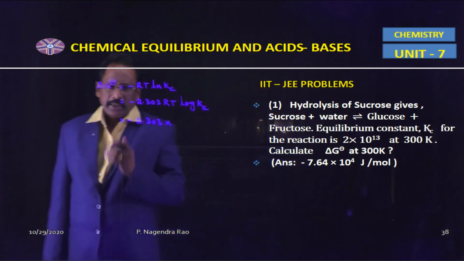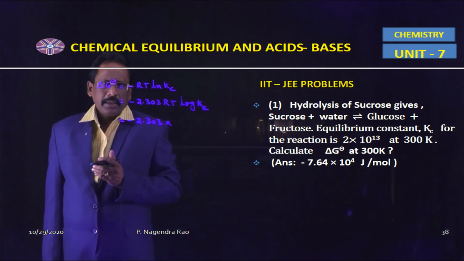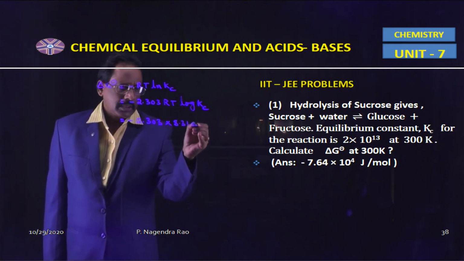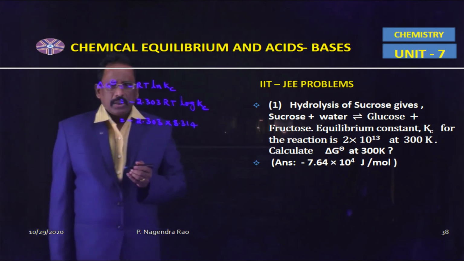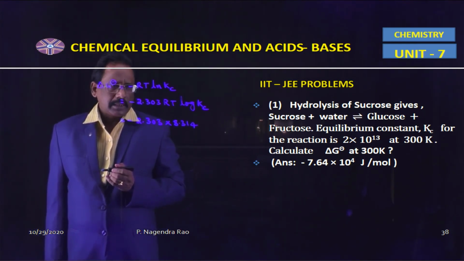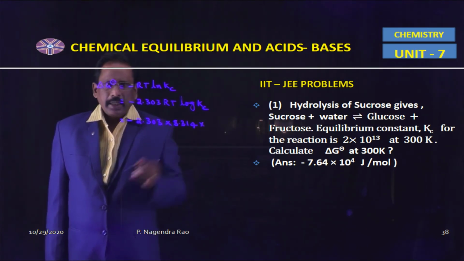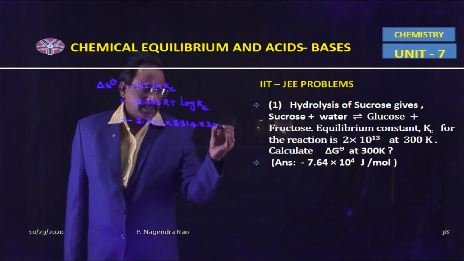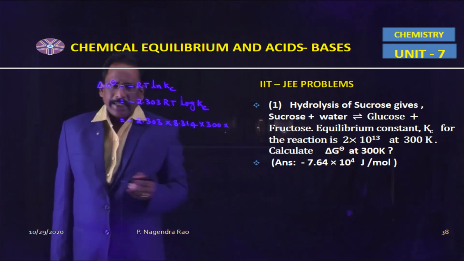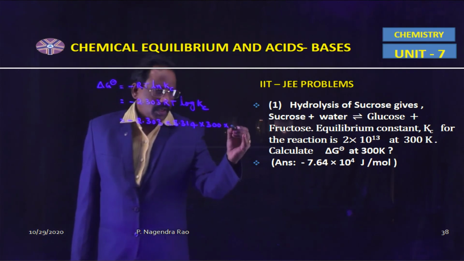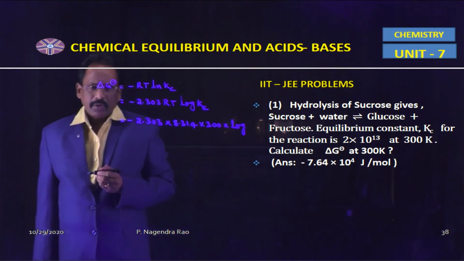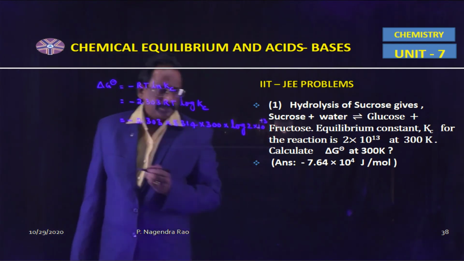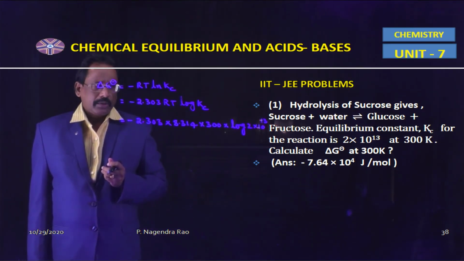Suppose you want to calculate delta G in the MKS system, substitute the R value in joules, 8.314 joule mole inverse Kelvin inverse, and the temperature is also given, 300, into log Kc, where Kc is 2 into 10 power 13.